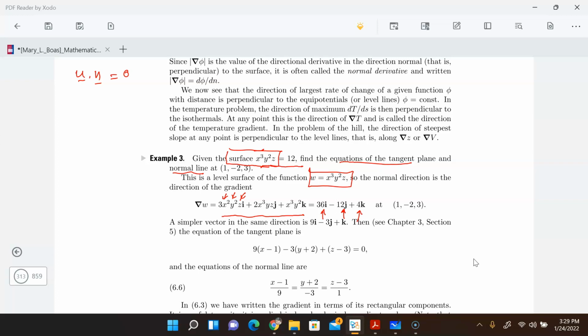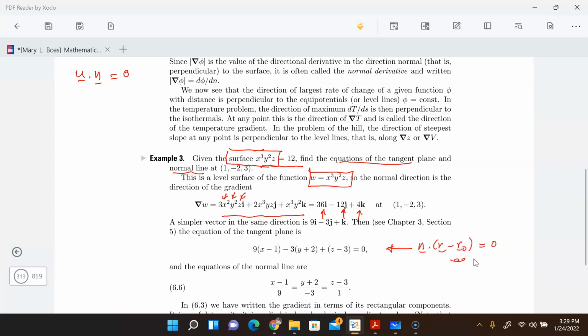So the equation of the line should be given by this. This is a tangent plane. If you look back into the notes on geometry of planes and lines, the plane is given by n dot r minus r naught equals 0.